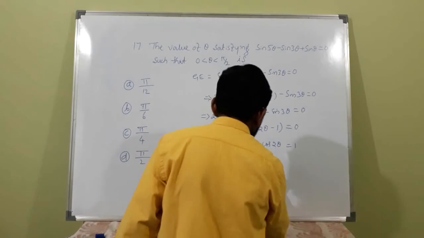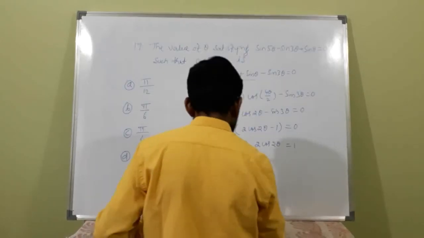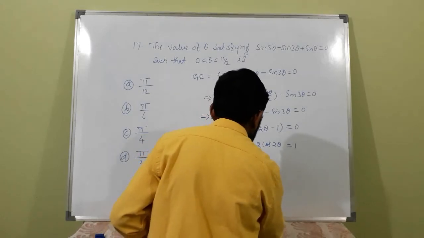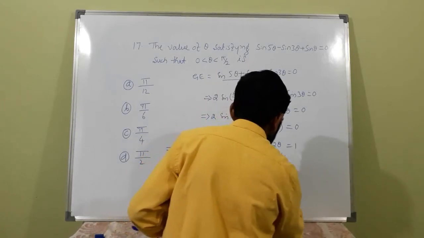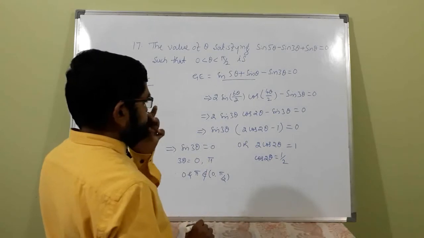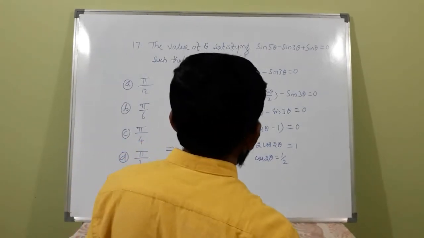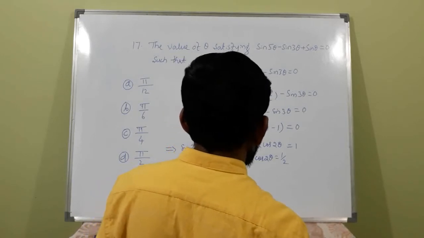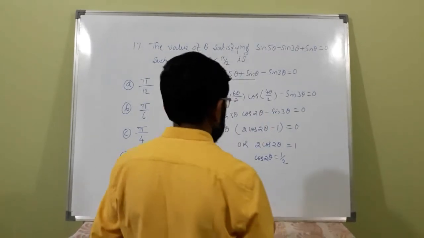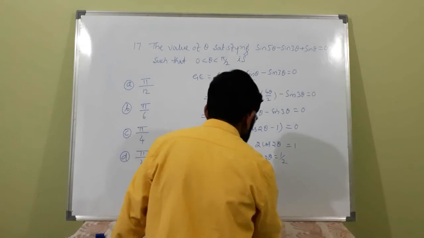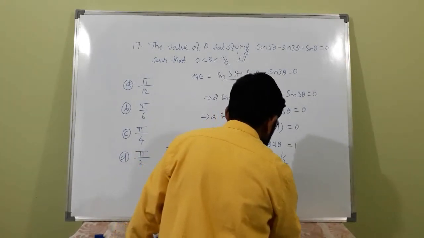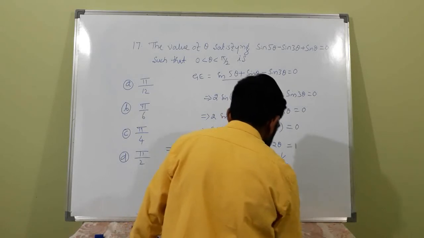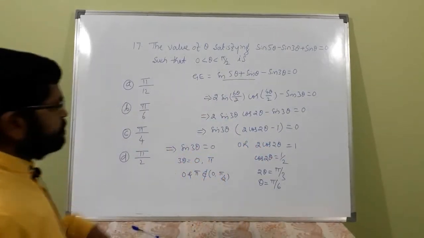This implies cos 2θ is equal to half. So 2θ is equal to π by 3, or θ is equal to π by 6. So the answer is B.